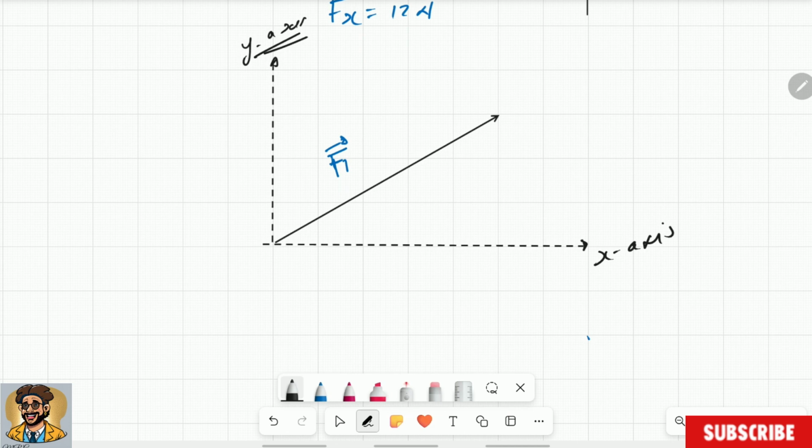That force is in between the axes. It means that force has two components. We are going to break that force into components: the x component of force 1 and the y component of force 1. All we have to do is take it perpendicular down to the x-axis. It's like the shadow of that force.